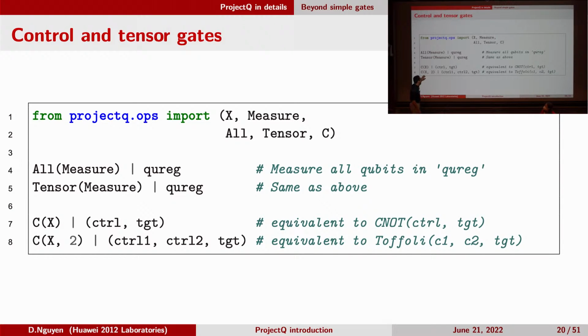And if you want to do something other than CNOT, you can use the shorthand C with, in parentheses, the name of the gate. If you don't specify anything, it's a single control with the gate. And otherwise, you can specify the number of control qubits that you might want to have. Although I wouldn't recommend using these two bottom syntaxes as much, and I will come to that later as to why.